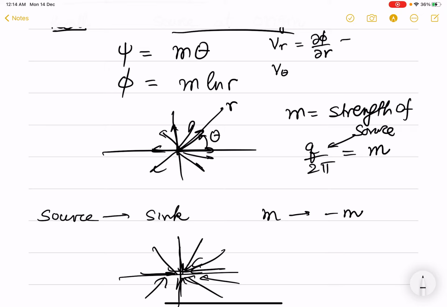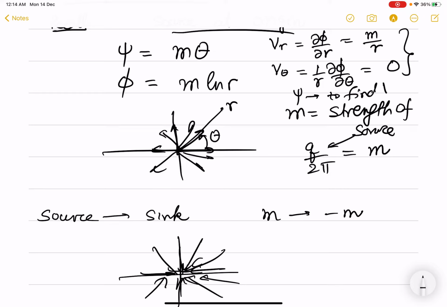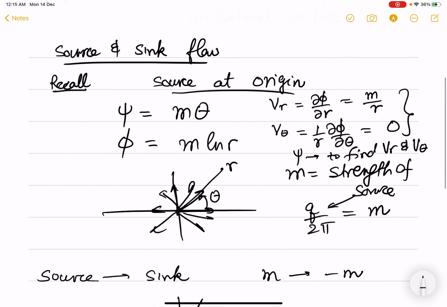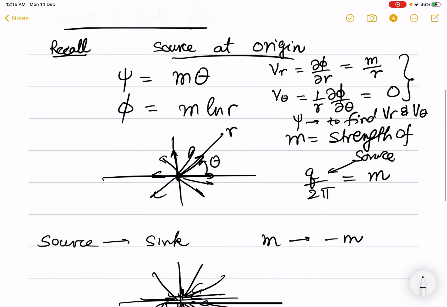So Vr is partial phi by partial r, which will be equal to m by r, and V theta is equal to 1 over r partial phi by partial theta, and that will be equal to 0. We could have also used the expression for psi to find Vr and V theta. Okay, so this is what happens when we have a single source or a single sink at the origin.